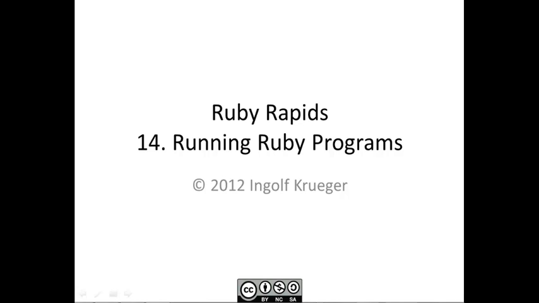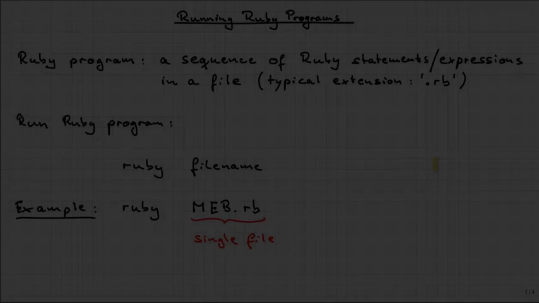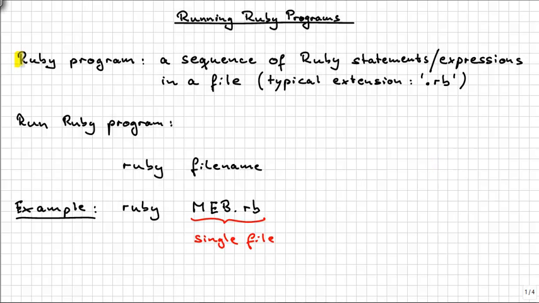We now look at how we can organize larger Ruby programs into files and folders that we can run. So a Ruby program is basically a sequence of Ruby statements and expressions in a file, and the typical file extension for Ruby programs is .rb.